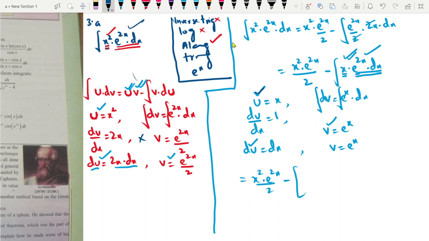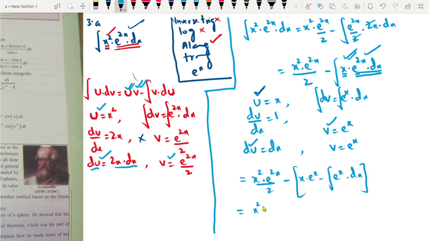Okay, sorry, so we put this value: u into v minus the integral of v dot du, where du is equal to dx. So this is closed.